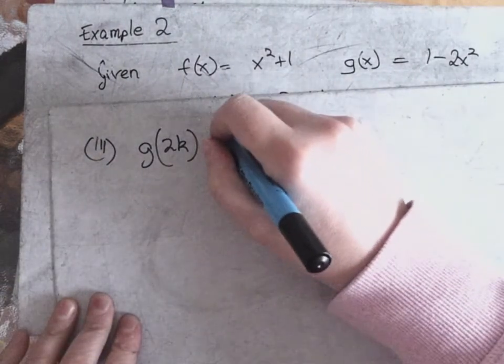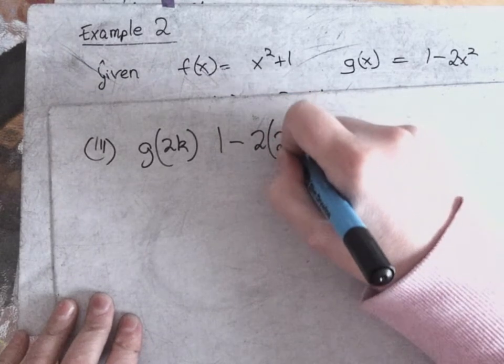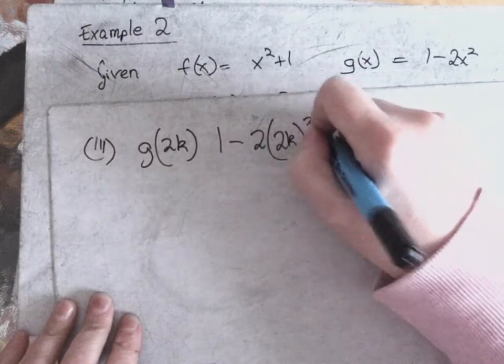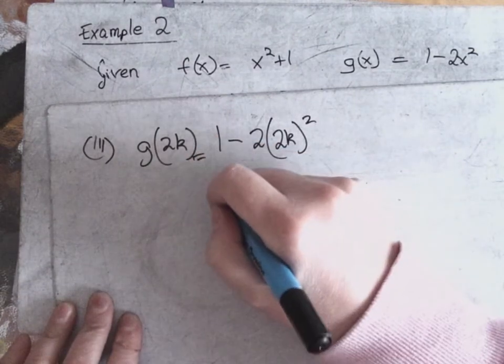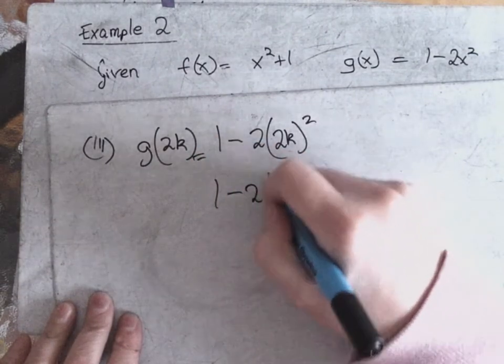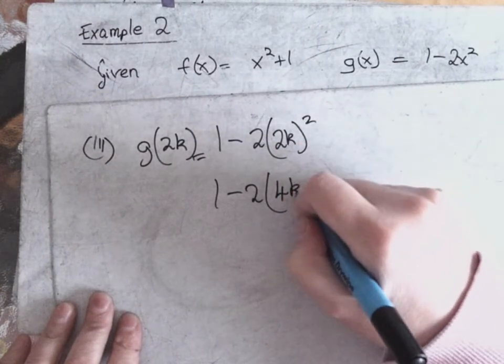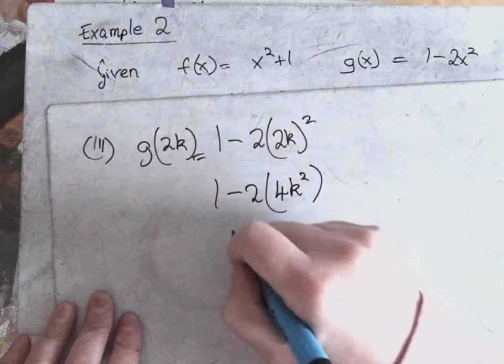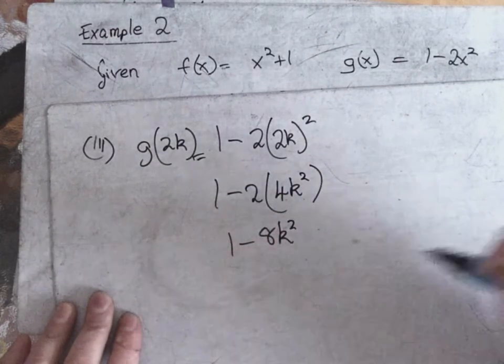Instead of that x, I'm writing a 2k. So it's 1 minus 2 times 2k, all squared. Square the 2, you get 4. Square k, you get k squared. So that would be 1 minus 8k squared. That's the answer to that bit.